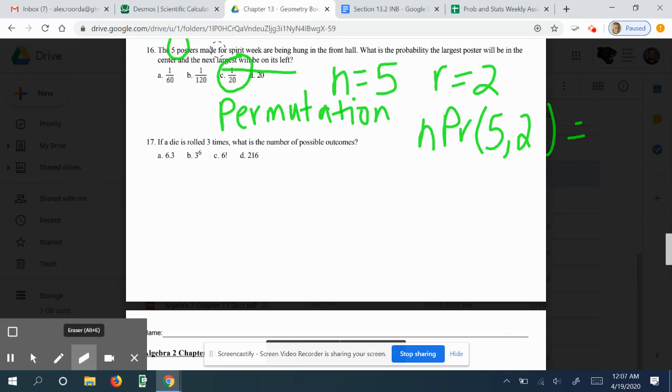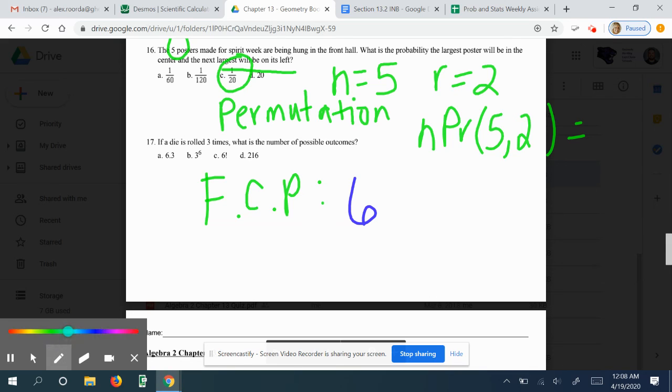All right, number 17. If a die is rolled 3 times, what is the number of possible outcomes? Okay, so again, this one is a fundamental counting principle problem. The first time I roll the die, I have 6 outcomes.